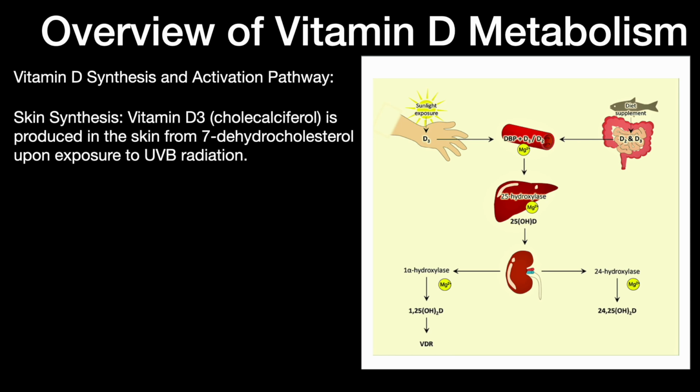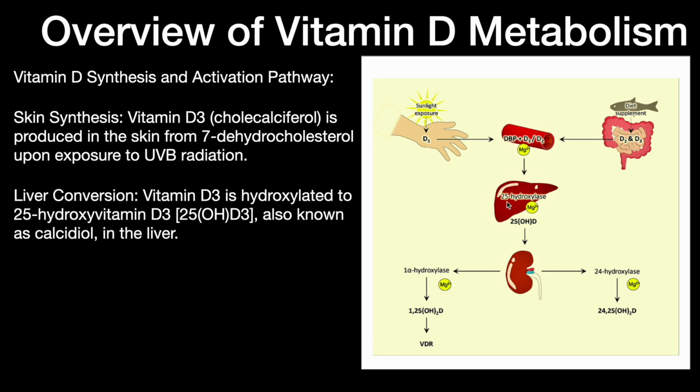Vitamin D synthesis and activation. Vitamin D3, cholecalciferol, is synthesized in the skin from 7-dehydrocholesterol upon exposure to ultraviolet B radiation. In the liver, vitamin D3 is hydroxylated to 25-hydroxy vitamin D3, also known as calcidiol.